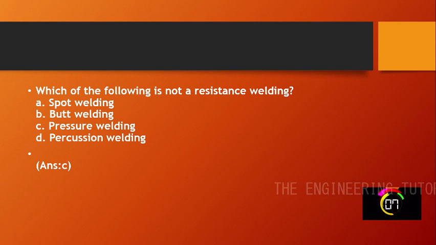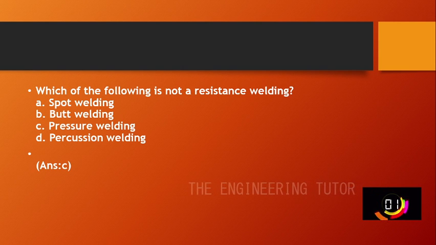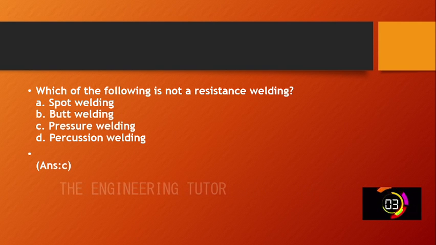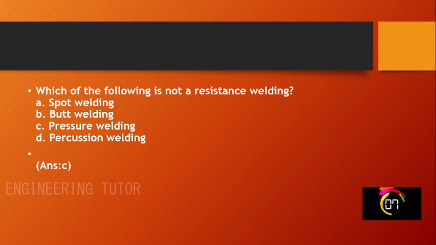Most of us will think that we are applying pressure in resistance welding, but pressure welding is another category. Many of us will go for option number 4, percussion welding. Actually, it is a type of resistance welding.